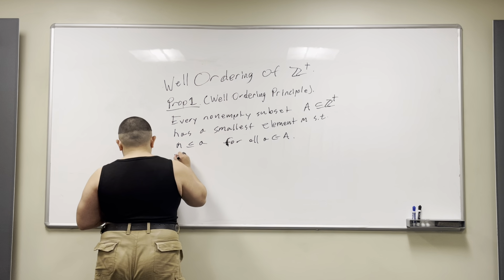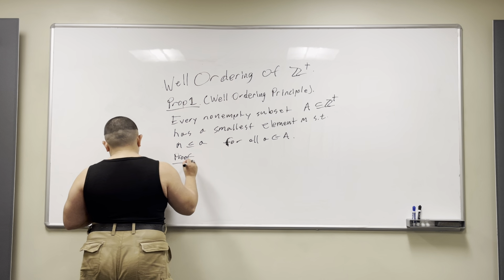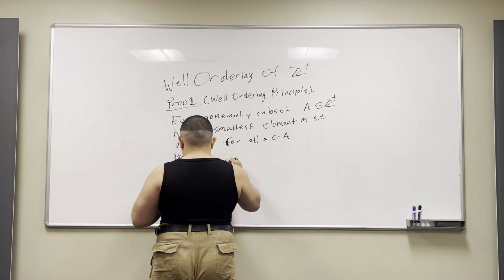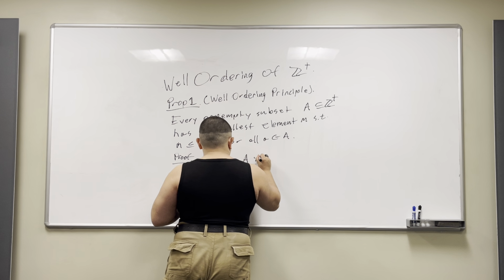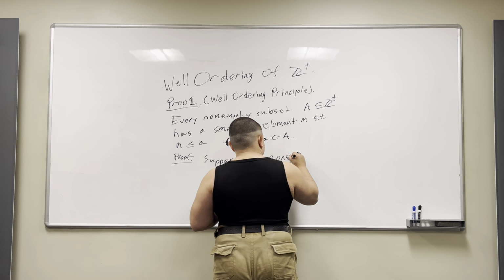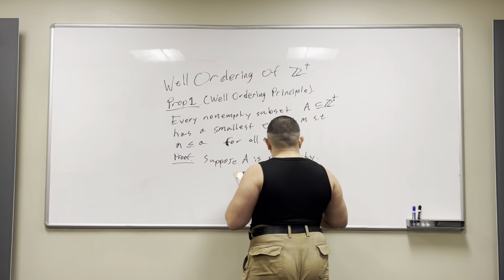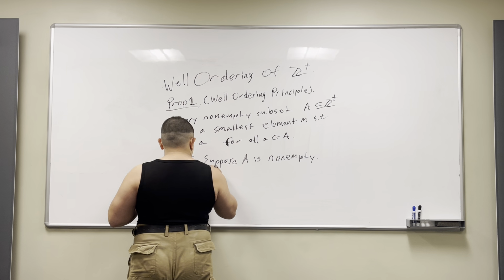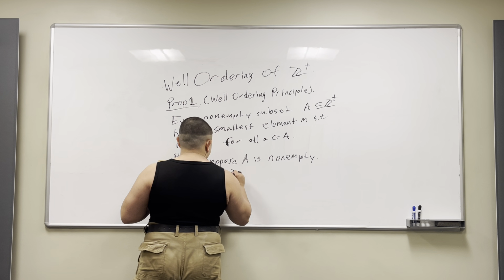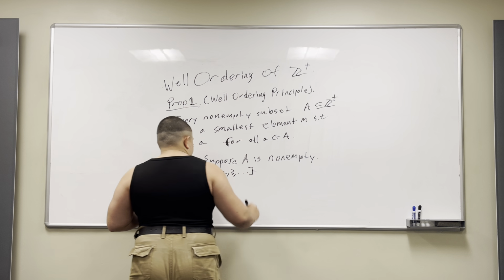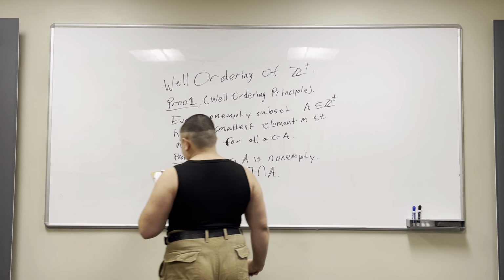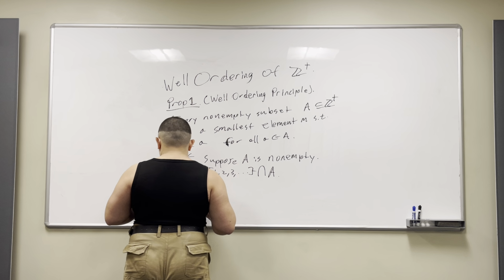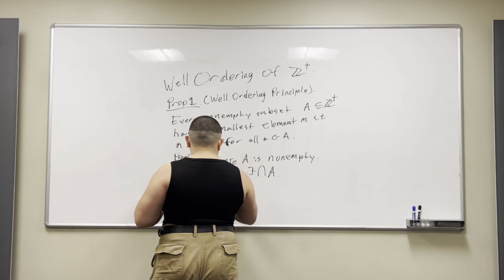So, for a basic proof of this, suppose A is non-empty. Let S equal 1, 2, 3, onward, intersect with the set A. If 1 is within the set A, we're done.